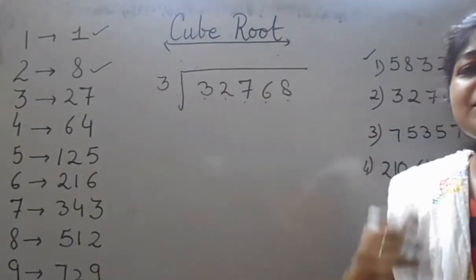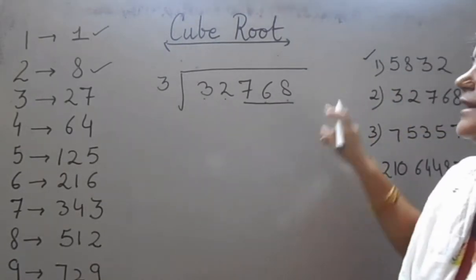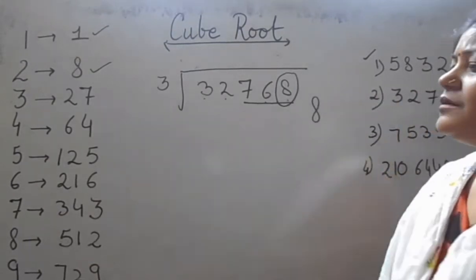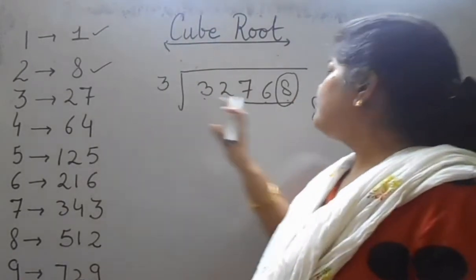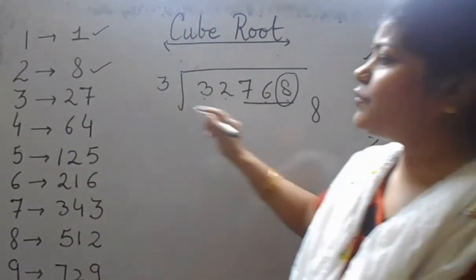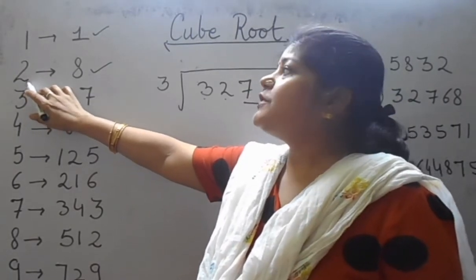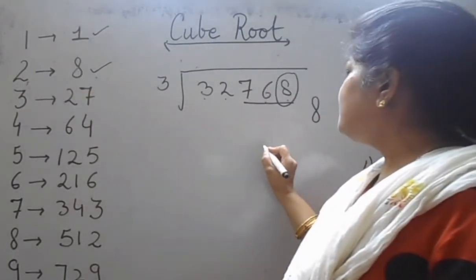The process is the same. We take 3 digits from the right side and observe the unit digit, which is 8. Now we find the number whose cube ends in 8. The cube of 2 gives 8, so we take the number 2.